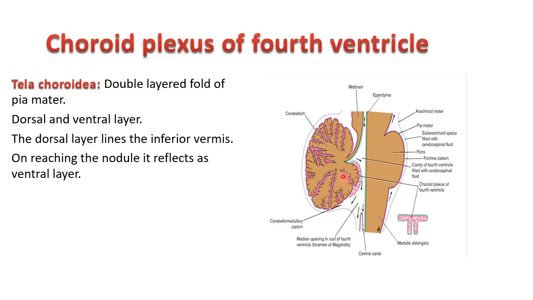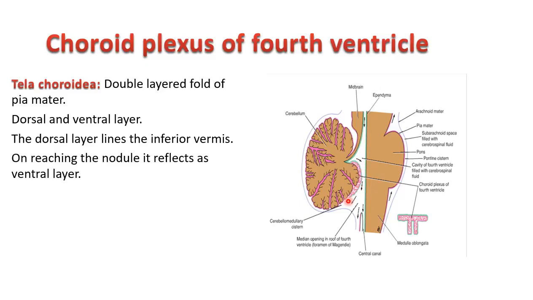If you trace this pink one, don't look at this fringed area, that is the choroid plexus. This pia mater will be intimately related to the surface of the vermis, then it will reflect as the anterior layer. So a double-layered fold of pia mater forming the tela choroidea.